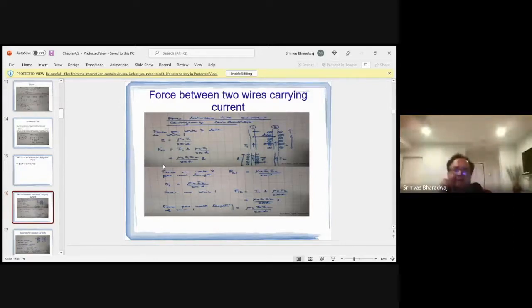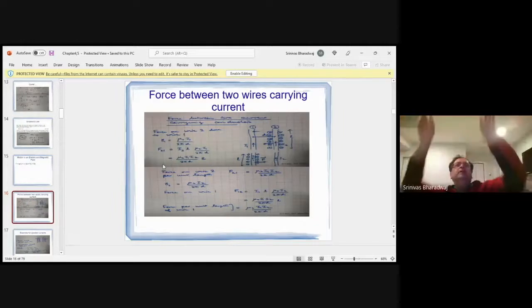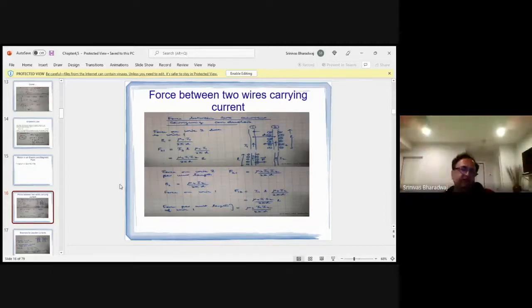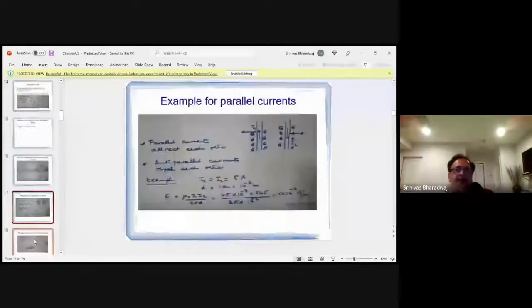The force on wire 1 is I times L cross B. If the currents are in the same direction, they will attract. Currents in opposite directions will push them apart. So parallel currents attract each other, anti-parallel currents repel each other.